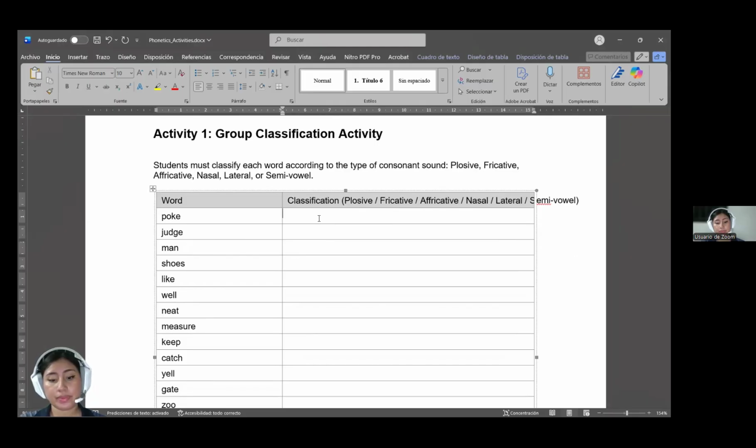As you remember, this is a plosive sound. Now we have judge. It's an affricative sound. Sorry, it's an affricative.